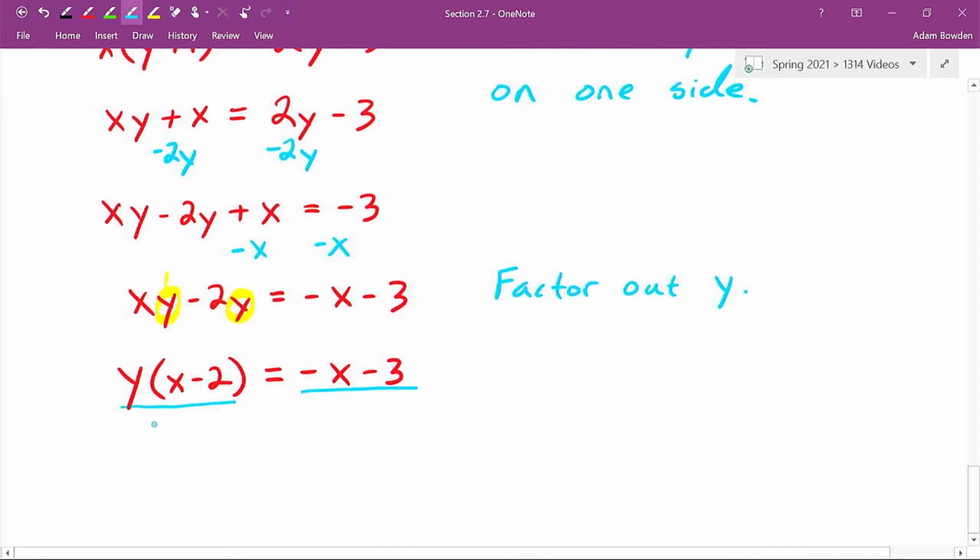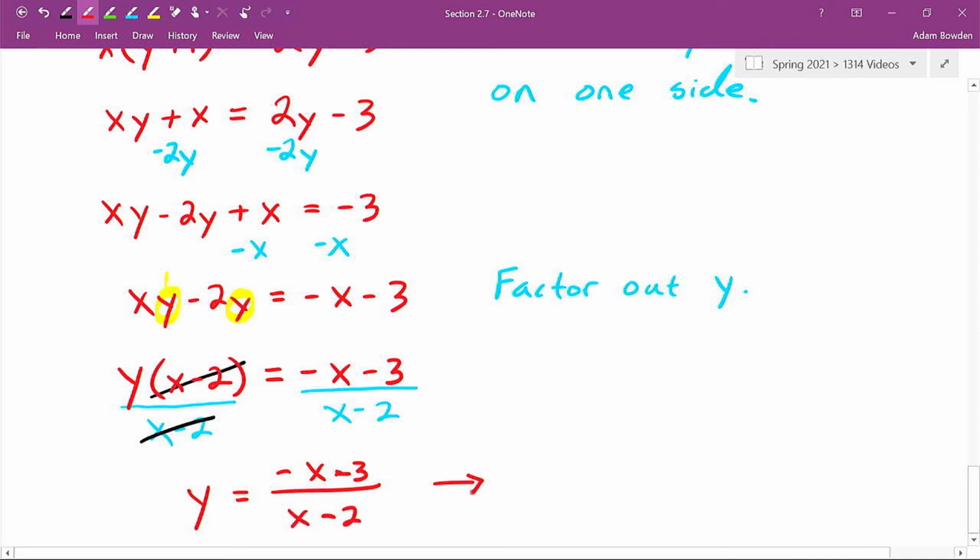We need to divide both sides by x minus 2. That way I can cross this out, and it'll be y equals (negative x minus 3) over (x minus 2). And that's going to tell us what the f inverse of x will equal, as the inverse function of f.